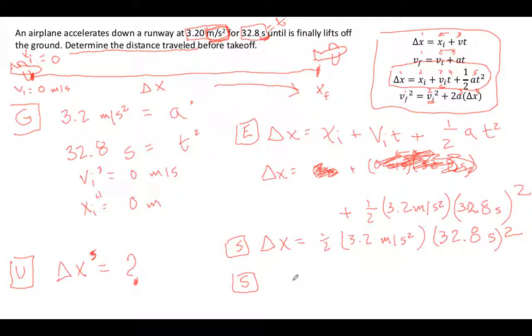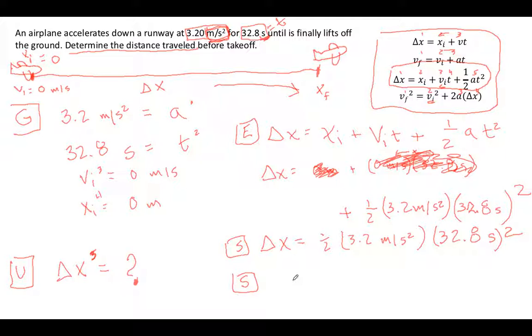So I'm going to use the calculator on my phone. Okay, so 0.5 times 3.2 times 32.8 times 32.8, because it's squared. So let's see. 1/2.